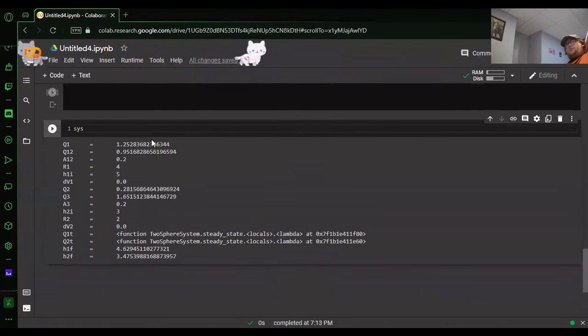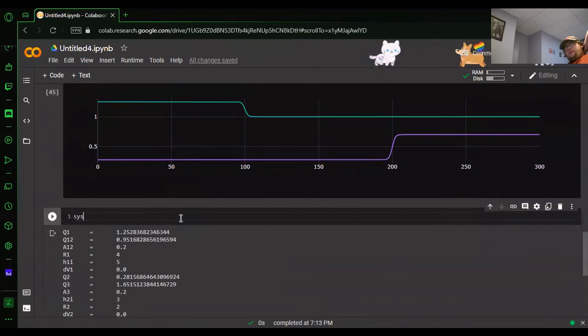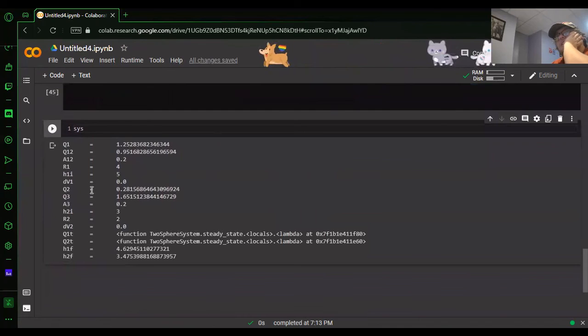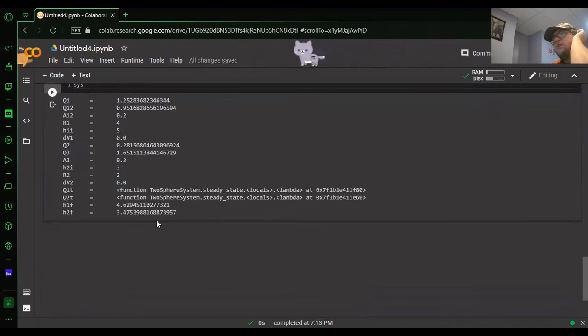All right, now most of these values are correct, except Q1 did not update, Q12 did, Q2 did not update, Q3 did. We have our initial height still here.